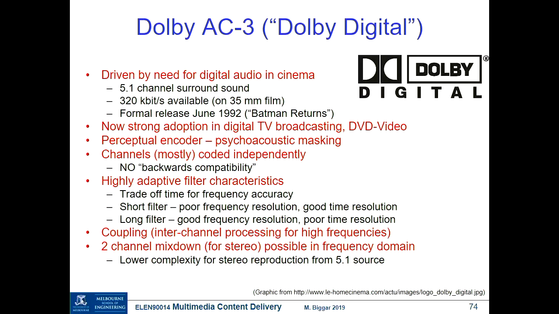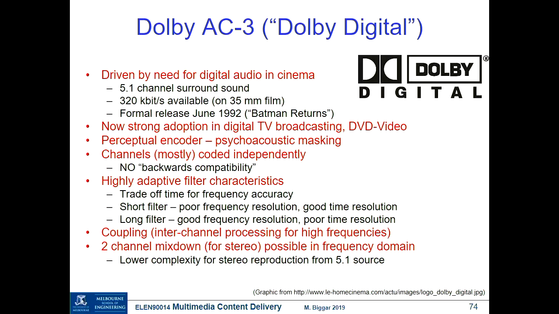But it was Dolby who entered the audio coding space at the time. They came out with Dolby Digital from the cinema, and we'll talk about digital cinema maybe even the very last lecture of the semester, I think.